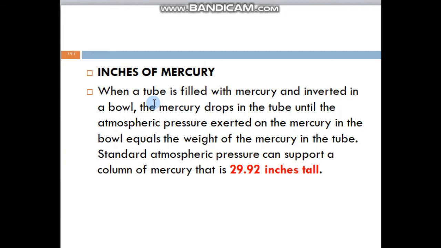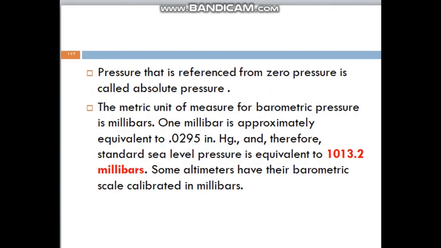Standard atmospheric pressure can support a column of mercury that is 29.92 inches. Pressure that is referenced from zero pressure is called absolute pressure.